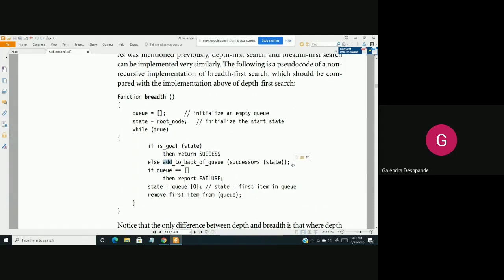Else in breadth first search, what you have to do is add the successors of a node to the back of the queue. In case of depth first search, you had added them to the front of the queue. In breadth first search, you just need to add them to the back of the queue. Only this is the difference in implementation. Otherwise, all statements remain the same.